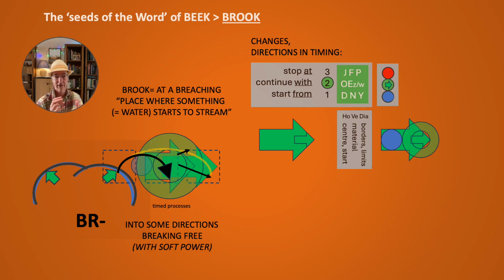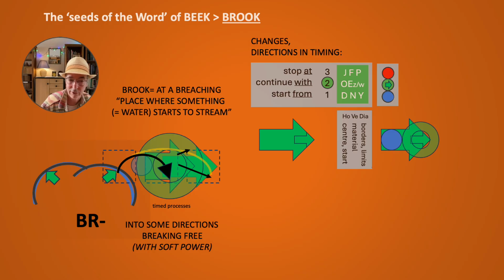This breaching point is the same as the break, but it will go towards O. We know that the brook, or what will immediately be available and sensible, is that it will also be related with that breaking point, where the material is breaking up a little, so that it can have that breaking point indeed, in which something is made free to stream, to have a direction, to go its own direction.